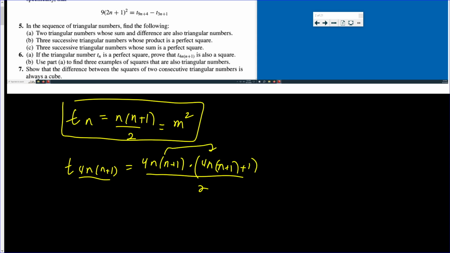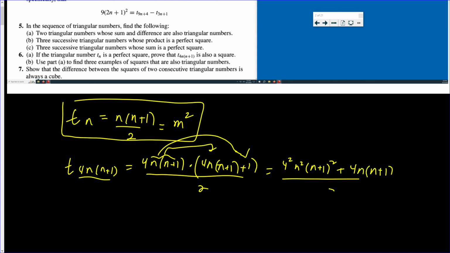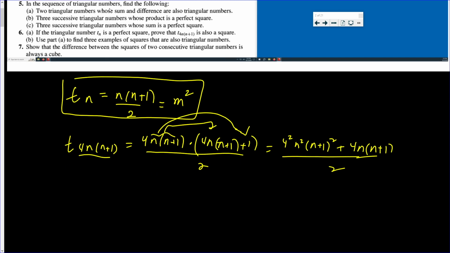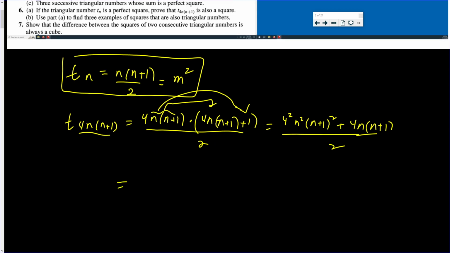Well, if you distribute that, you're going to get 4n times n plus 1 squared, plus, now you multiply all of this times 1, and you get 4n times n plus 1 over 2. Well, what you can factor out from here is 4n times n plus 1. When you factor the 4 out, you'll have another factor of 4 left. You factored out n, so you have another factor of n.